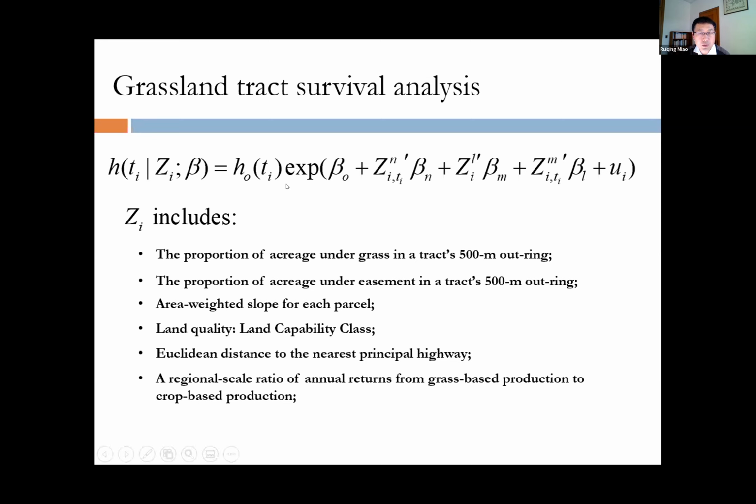This is the regression they used in their study.